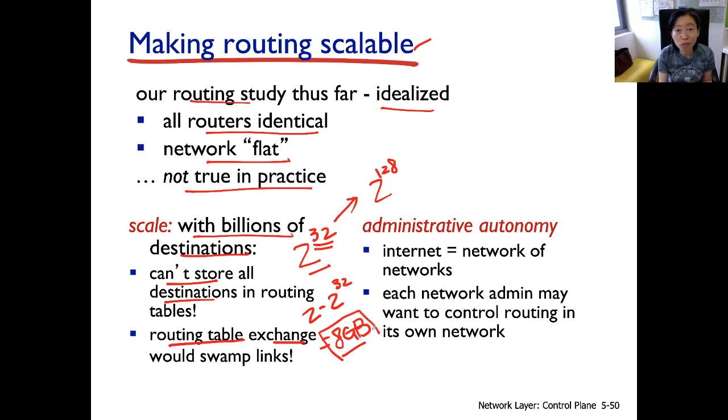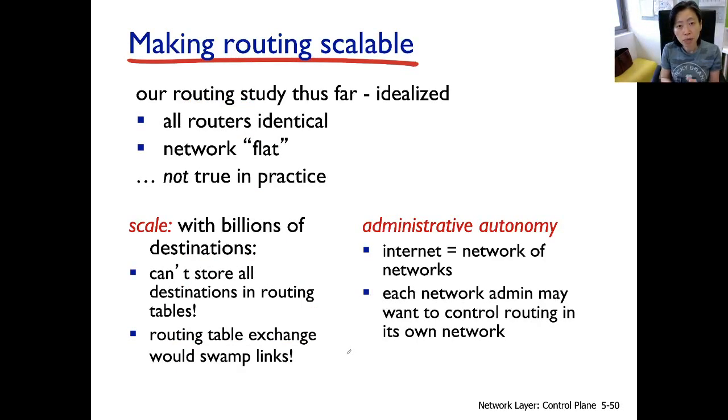You need to send really, really long messages to make sure that the entire 8 gigabytes of this very basic distance vector table gets to the neighbors. Ouch. You see, it's not going to work if we treat all routers the same and run just one routing algorithm throughout the internet. It's just not going to scale.